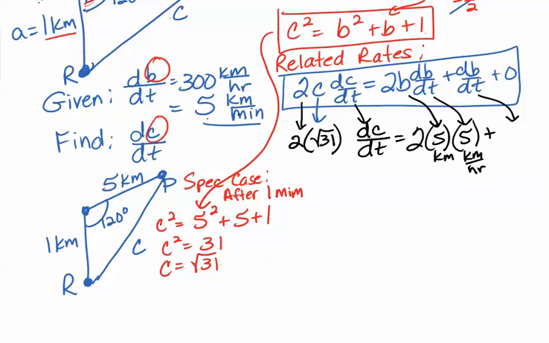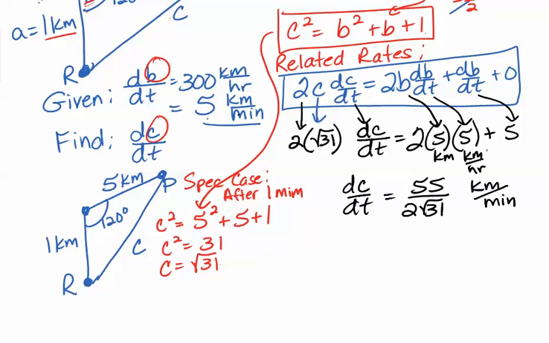All right, so if we do some cleaning up here, over on the right-hand side, we have 25. And if we divide, so 25 over 2 square root of 31, and this is in kilometers per minute.